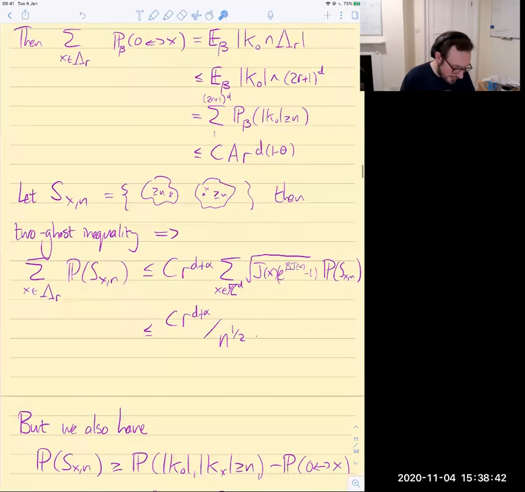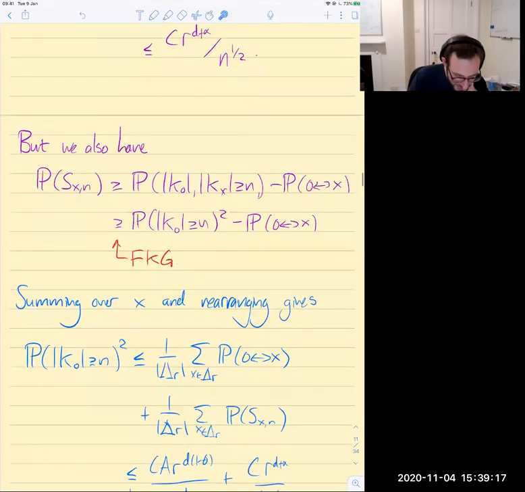If I just sum over x in this box, I know I have some lower bound on what these are, at least when x is large, but the small values of x are irrelevant. So I can rearrange that into saying that this sum here is bounded by a constant times r to the d plus alpha, which is cancelling this guy, and then the sum over all z in Z^d of this thing I had before. Then I just apply the theorem and I get this bound.